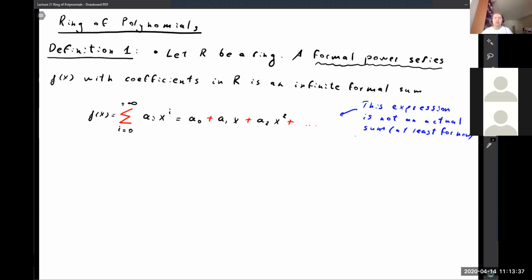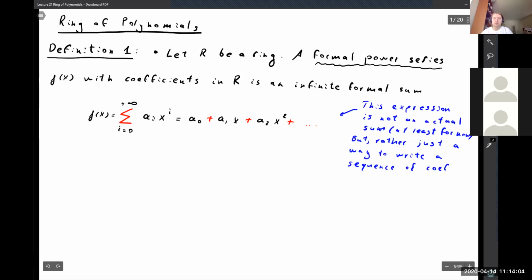But rather just a way to write a sequence of coefficients a_i, parameterized by natural numbers.